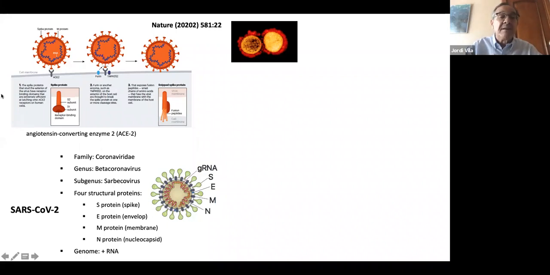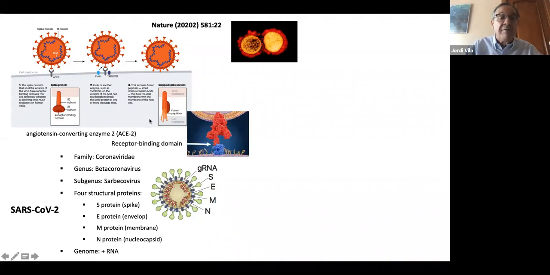In this sense, as you see in this scheme, the virus, and specifically the S protein, interacts with the receptor of the eukaryotic cell. The receptor is the ACE2 protein, angiotensin converting enzyme 2. As you can see in this three-dimensional picture, there is an interaction between the receptor and the receptor binding domain of the S protein.